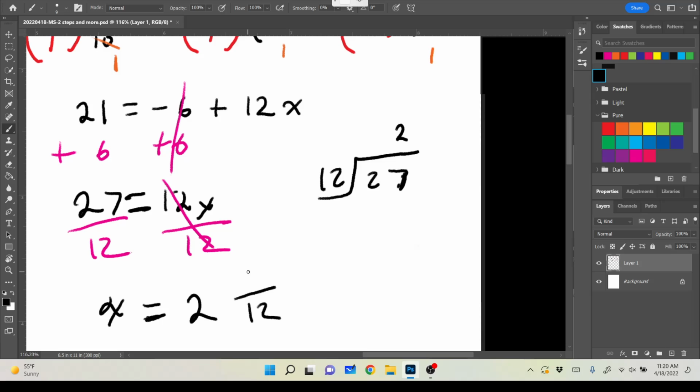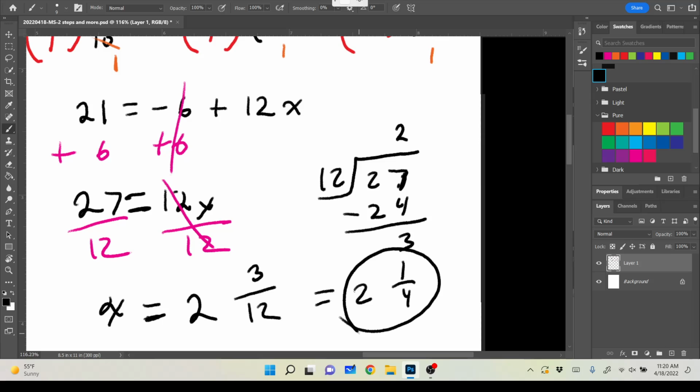It is 3, because it'd be minus 24, and 27 minus 24 is 3, so 2 3/12, which reduces to 2 1/4. Why? Because it's not. See, Asher. Any other questions? Y'all are making things happen.